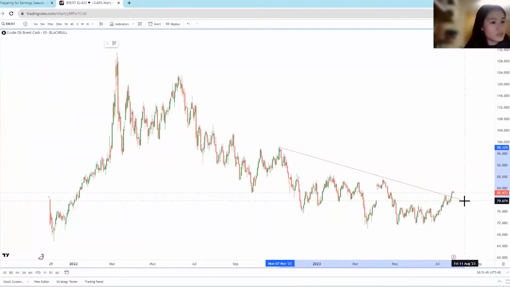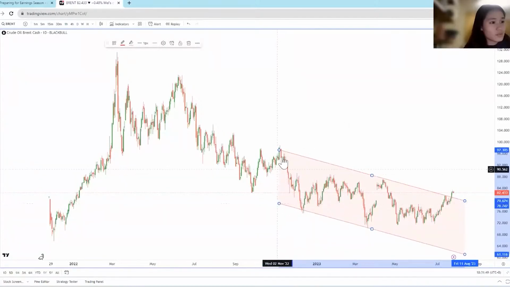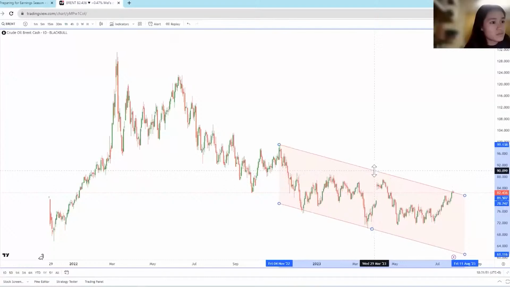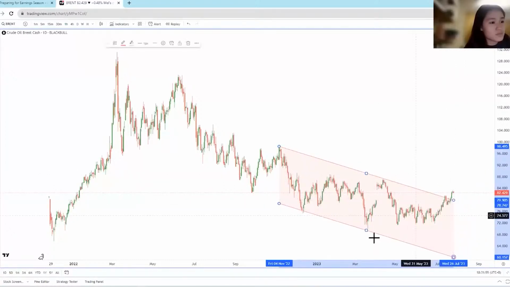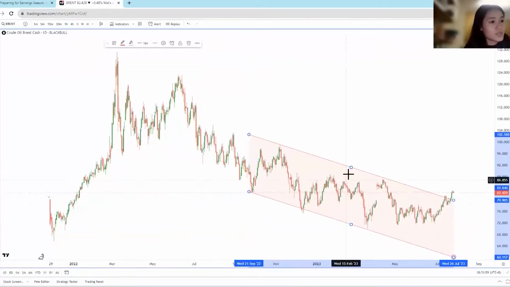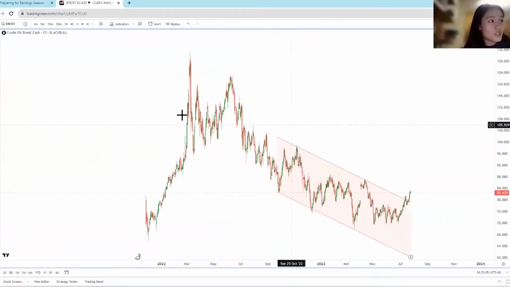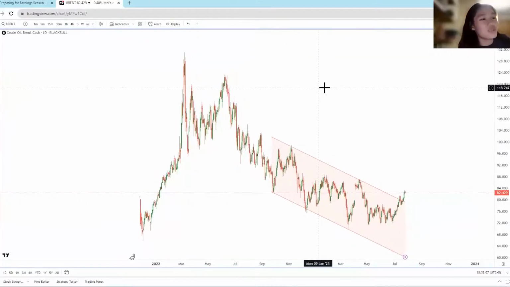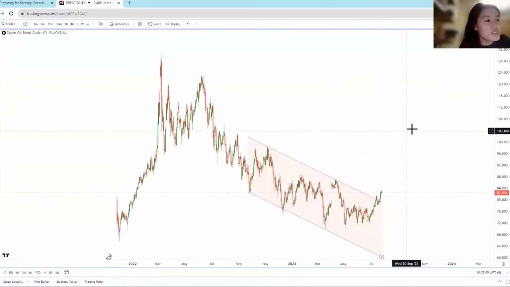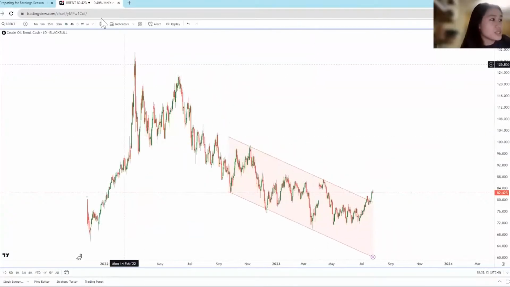Okay, price has broken out of this descending trend channel on our daily time frame. Okay, so this gives us a bit of a bullish bias.